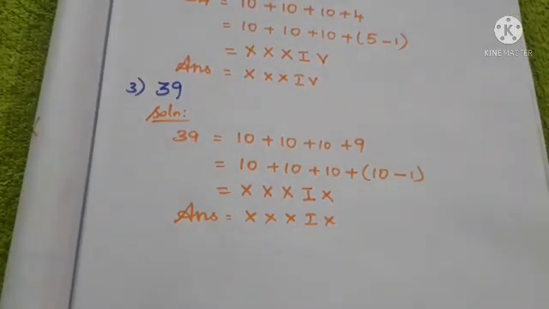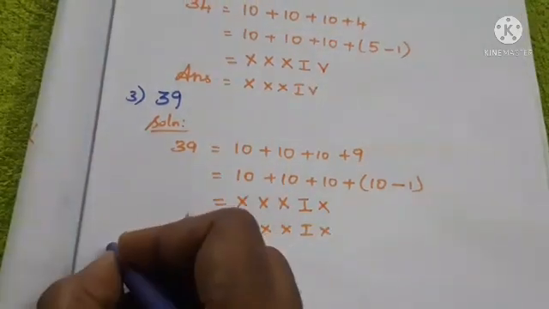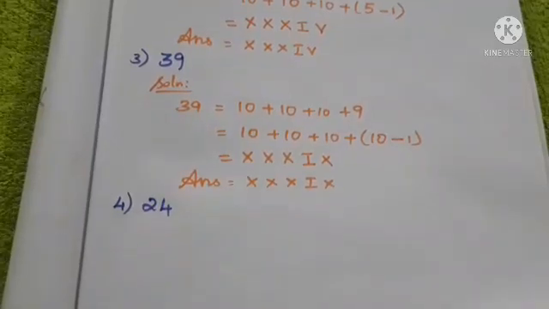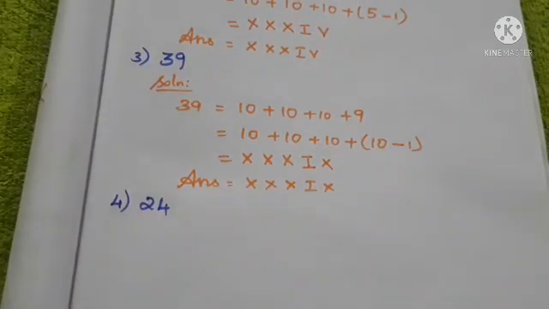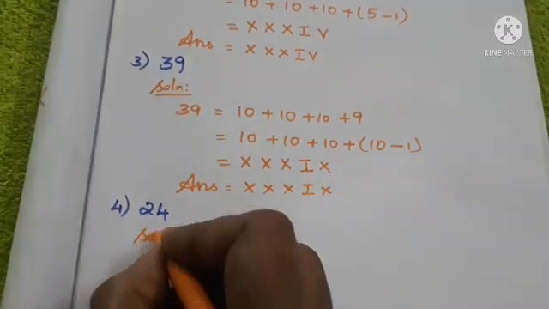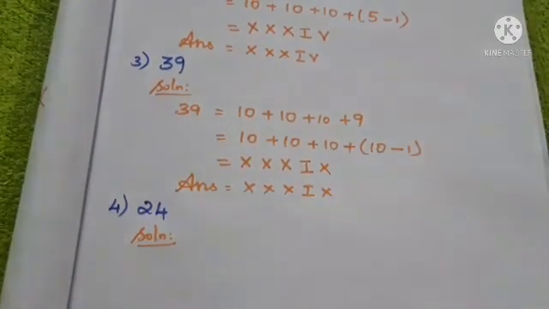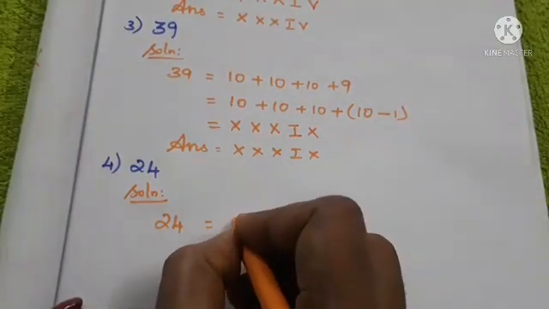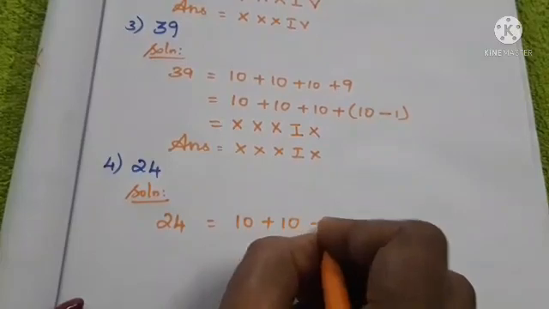Okay, the next one more problem in this Roman number, fourth problem, 24. So we can write the solution. 24, how we can write means we can write 10 plus 10 plus 4, isn't it?